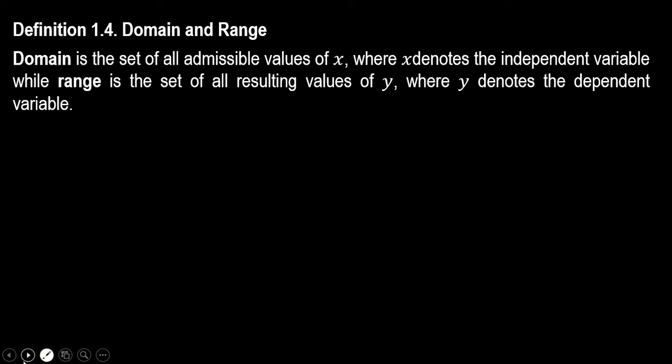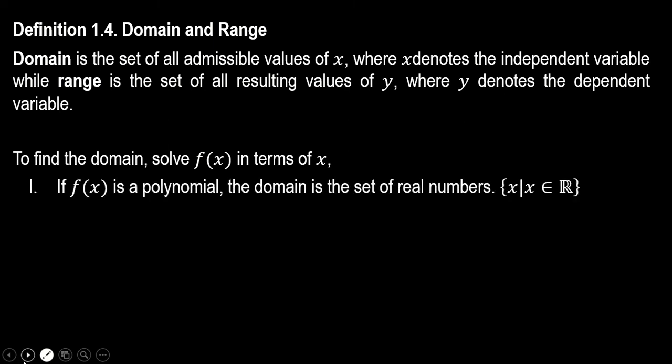Okay, so how to determine the domain and range? For the domain, to solve for the function in terms of x, if the function is a polynomial, then the domain is the set of all real numbers.